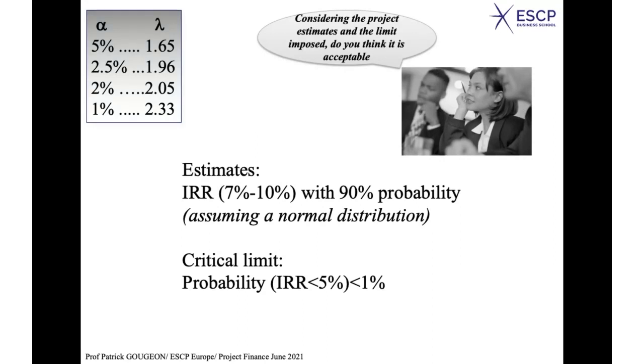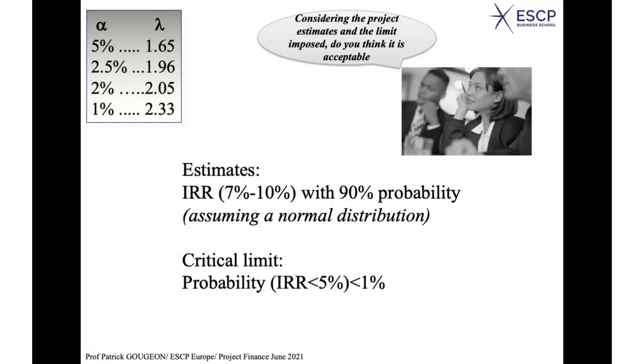So let's assume, to take a simple case rather than a full curve, that you have an estimate that leads to the conclusion that there is 90% probability to have an internal rate of return between 7% and 10%. And let's assume a normal distribution. So this is the result of your simulation and your analysis in terms of probability.